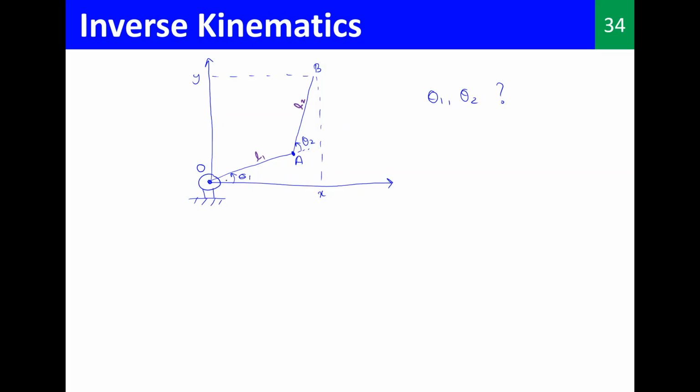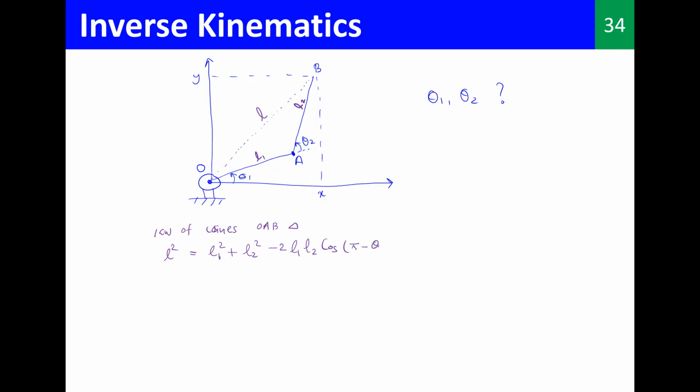If you take this OAB triangle, complete this triangle OAB, and apply the law of cosines to it, let's say this is L. So I can write L squared is equal to L1 squared plus L2 squared minus 2 L1 L2 cos, what's the angle?